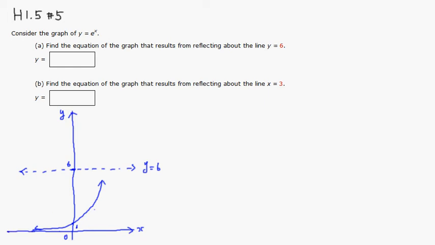If this is reflected about the line y equals 6, this is 0, this is 6, so it's going to reflect over to 12. So the x-axis is going to be reflected to y equals 12, right here.